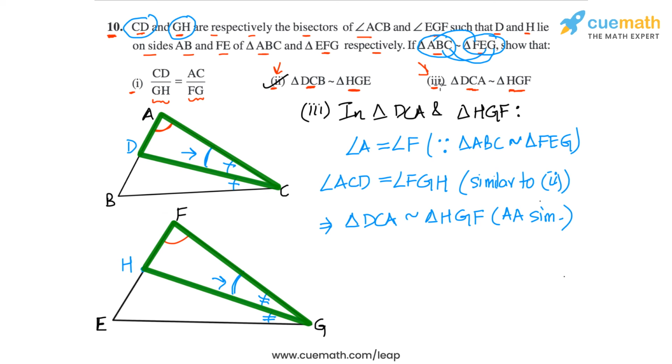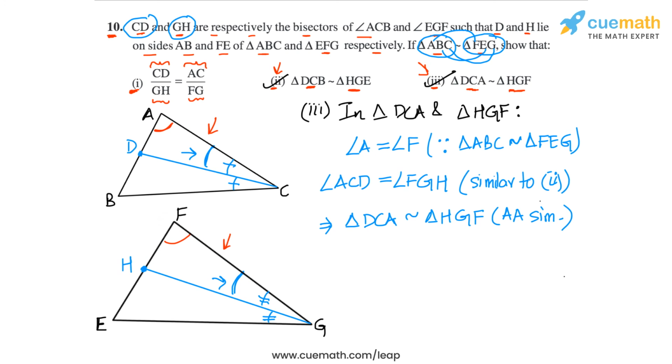Okay, so that completes part 3, and now we finally come to part 1, in which we have to show that CD by GH will be equal to AC by FG. So by using the fact that DCA is similar to HGF, we can make use of the fact that their corresponding sides will be in the same ratio.